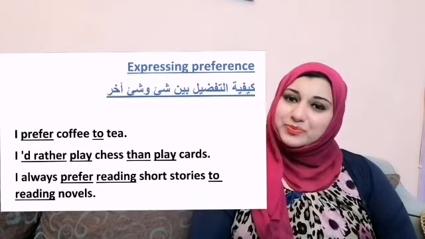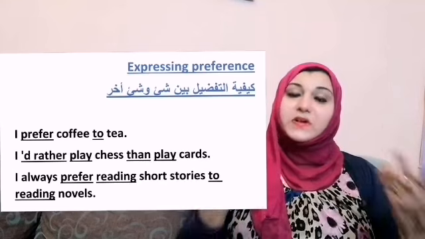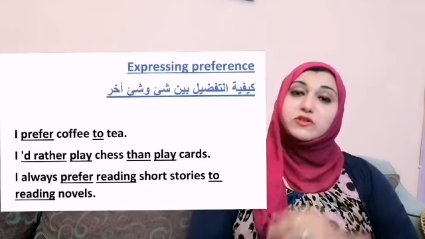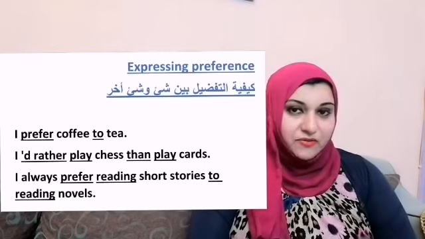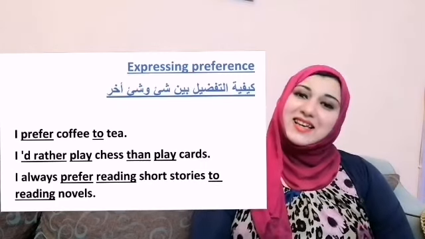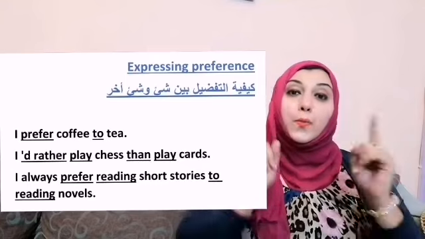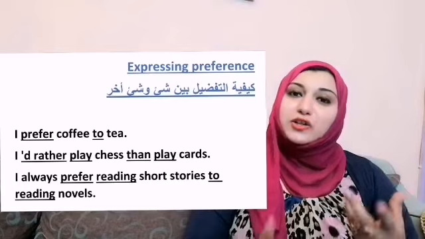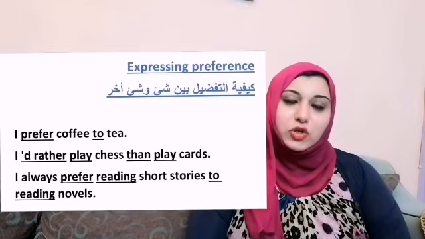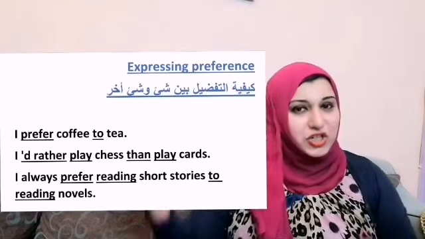Another form for expressing what we prefer: we can say I prefer again, but this time after prefer, we will use the gerund. What is a gerund, Mrs. Rasha? The verb plus ing.